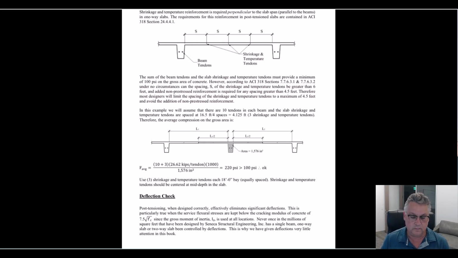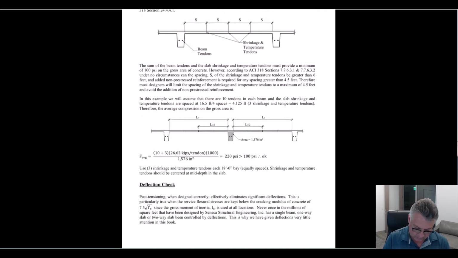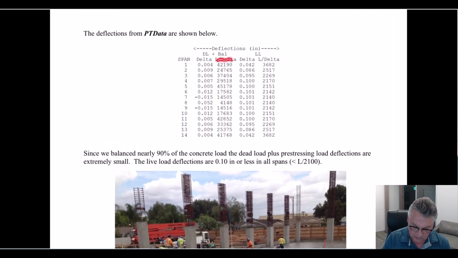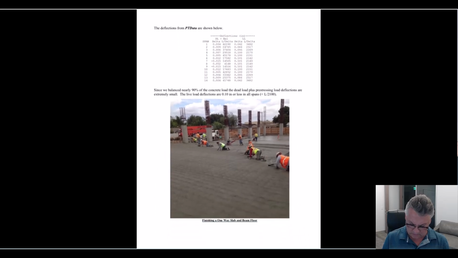So that covers pour strips and temperature and shrinkage steel, which you didn't see in the first example. But it's an integral part of doing any one-way slab design. Again, we can talk about deflections, but it's the same as it was last time. It's L over 42,190. We don't have deflection problems in post-tensioning, which is one of the greatest reasons to use post-tensioning.